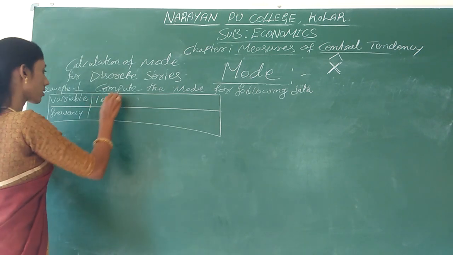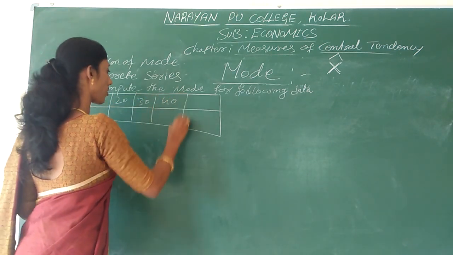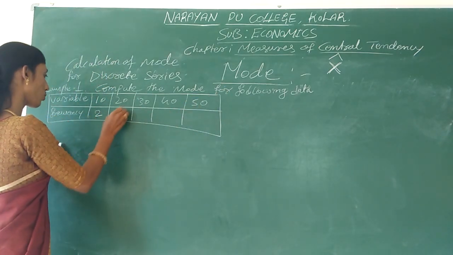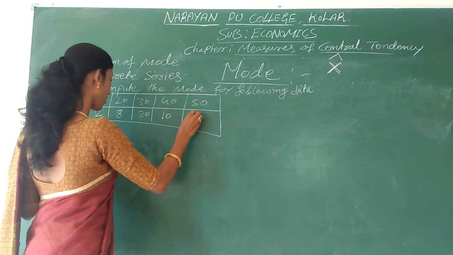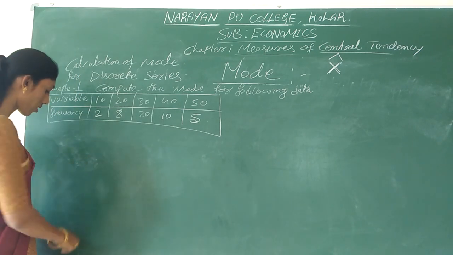Variables are 10, 20, 30, 40 and 50. Frequency 2, 8, 20, 10 and 5. This is the data they have given.